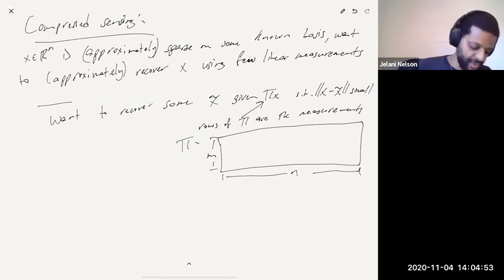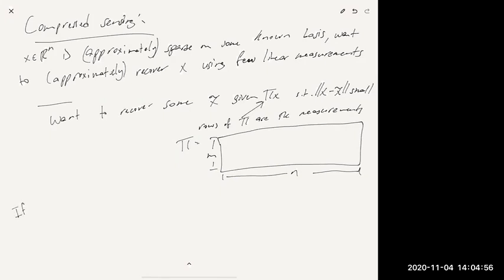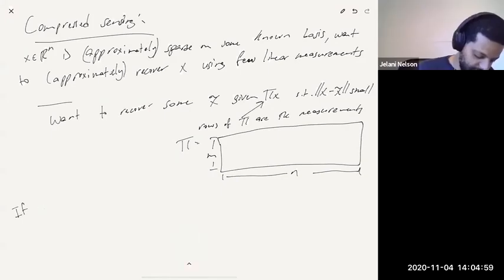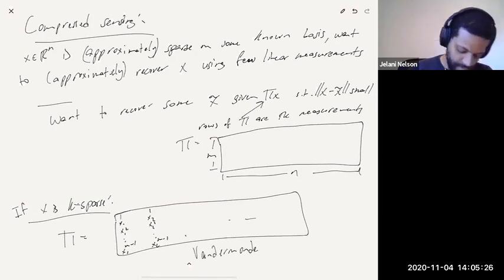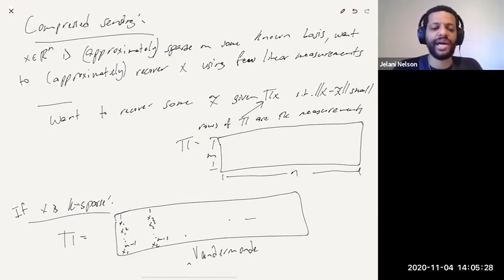So, remember we saw this before. If x is actually k-sparse, you would just set Π to be something like 1, x1, x1 squared, up to x1 to the m minus 1, then 1, x2, x2 squared, up to x2 to the m minus 1, etc. It'd be this Vandermonde matrix, so that if you look at any m by m submatrix of this, it has full rank.